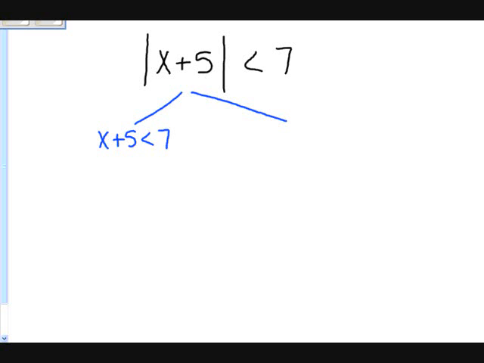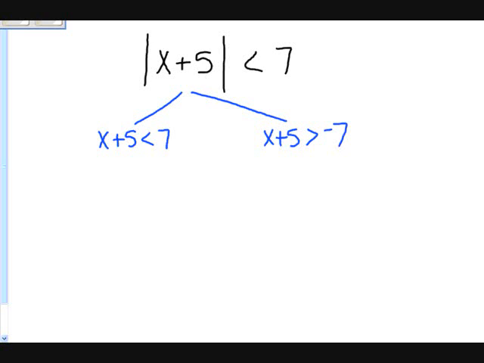And the first time, it should always look exactly like your problem, just without those absolute value bars. Now, the second time is where the tricky part comes in, because you're going to set this x plus 5 again, but whenever you turn this into a negative 7, we have to flip our inequality symbol to where it's a greater than symbol now, and then negative 7.